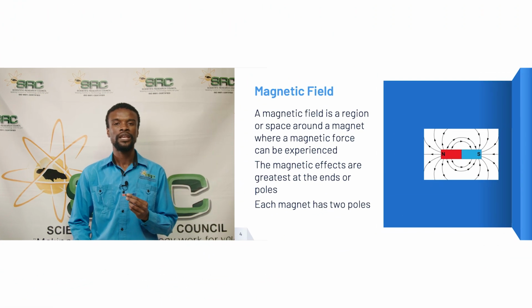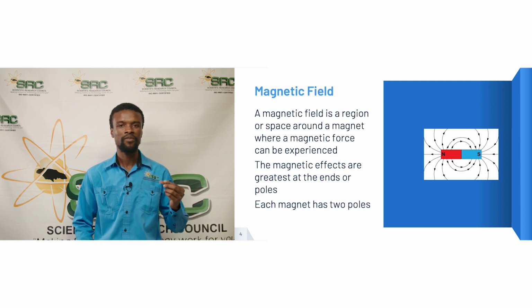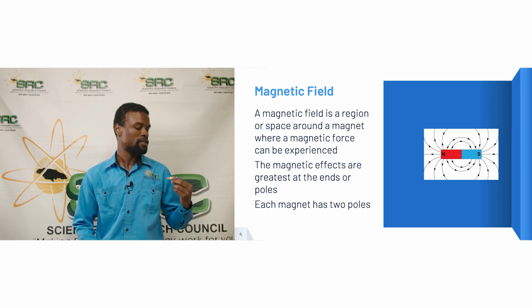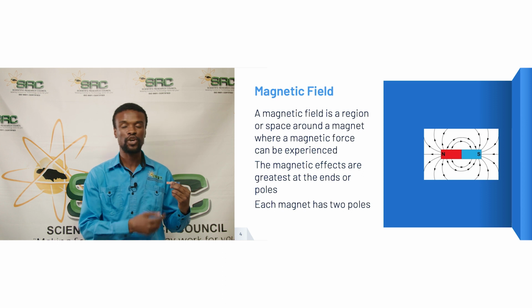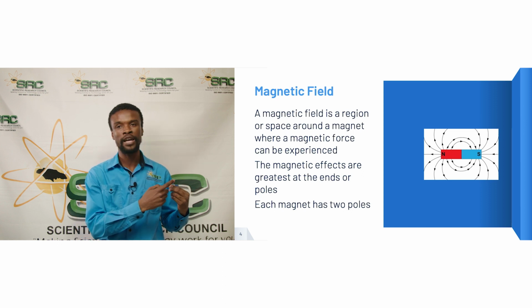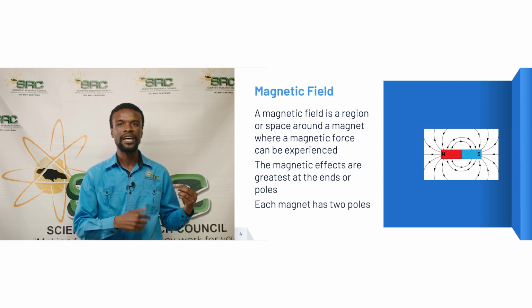Okay, let's review the basics of magnetism. Now, what I have in my hand here is a model of a magnet. A typical bar magnet has two poles, the North Pole and the South Pole, colored here red and blue. Magnetic field lines emanate from the poles.